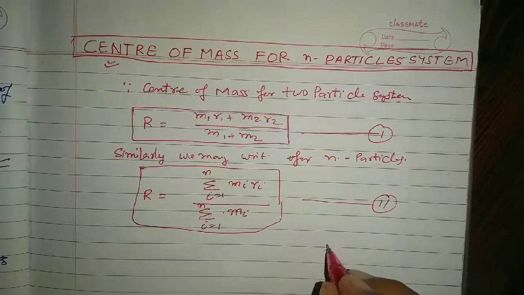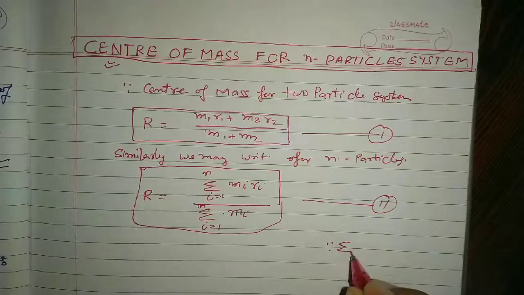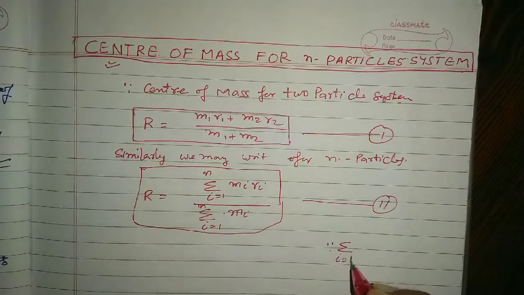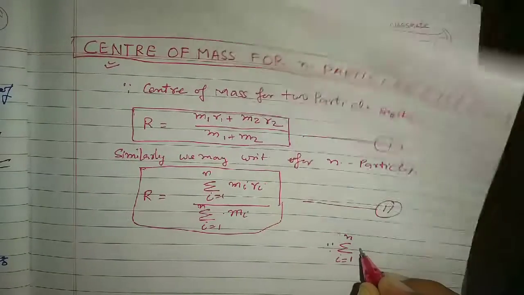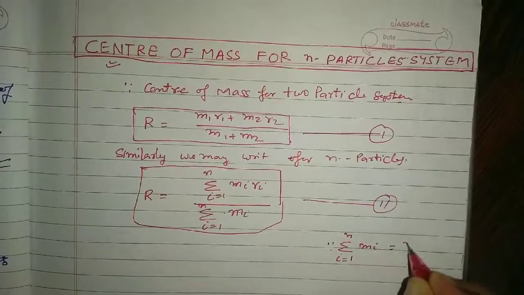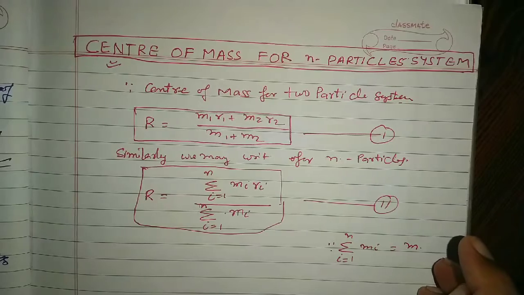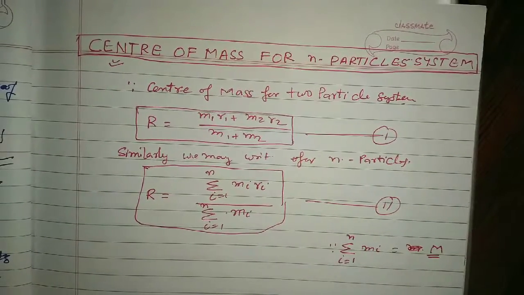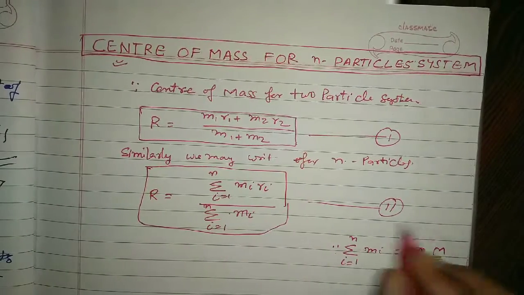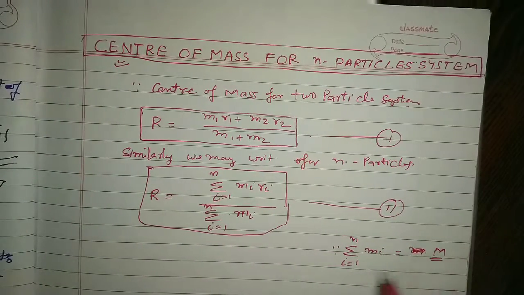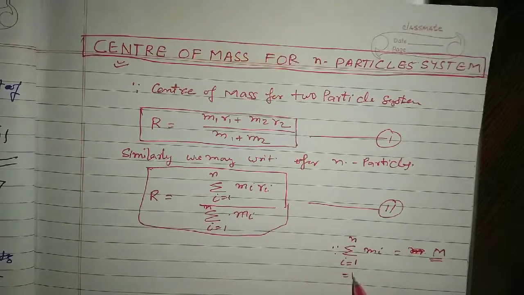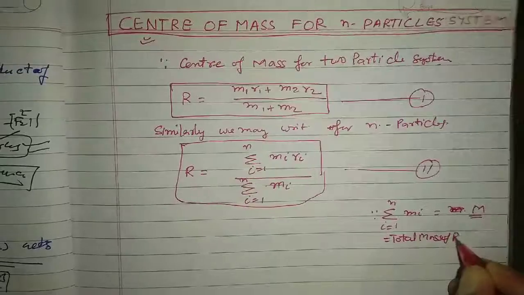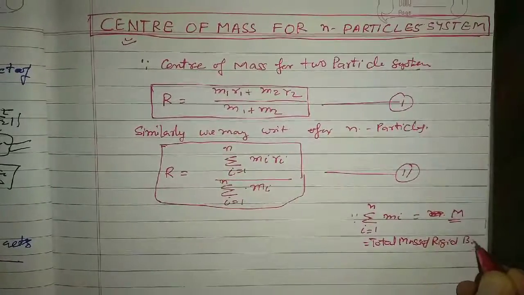Now see, in this box, summation i is equal to 1 to n mi is equal to the total mass of the system, and let this total mass of the system be represented by capital M. So total mass is M, the total mass of a rigid body.